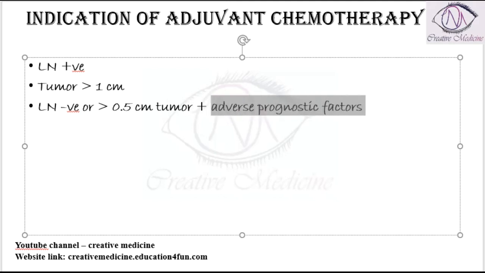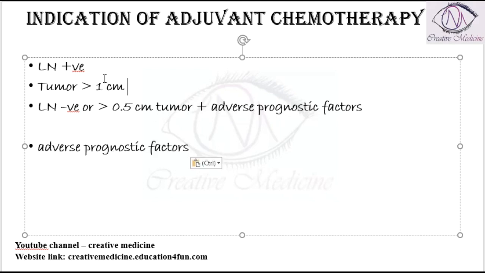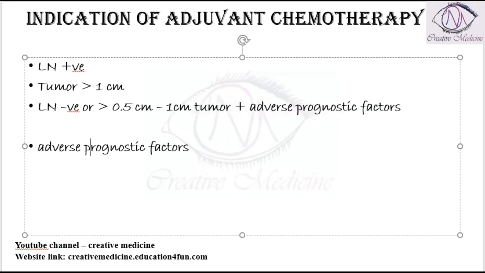These are the main three criteria. One, lymph node should be positive. Second, tumor more than 1 centimeter. Third, lymph node negative, tumor more than 0.5 to 1 centimeter, but with adverse prognostic factors.